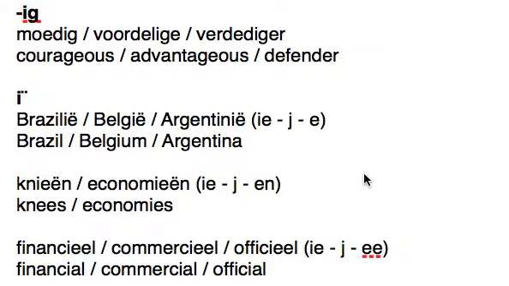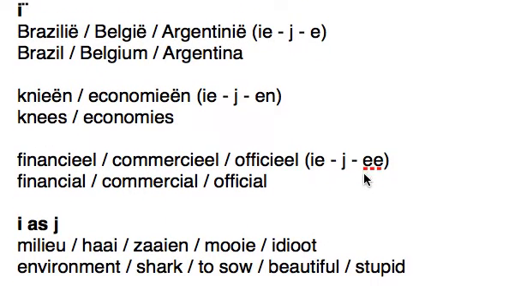All right, one more general thing is the I as a Y. If the I is just next to two other vowels, we're going to pronounce it as a Y. So it's the same as here. It's just exactly the same.